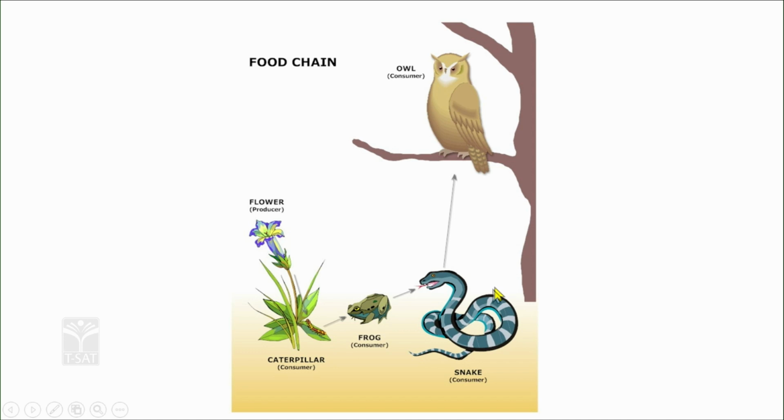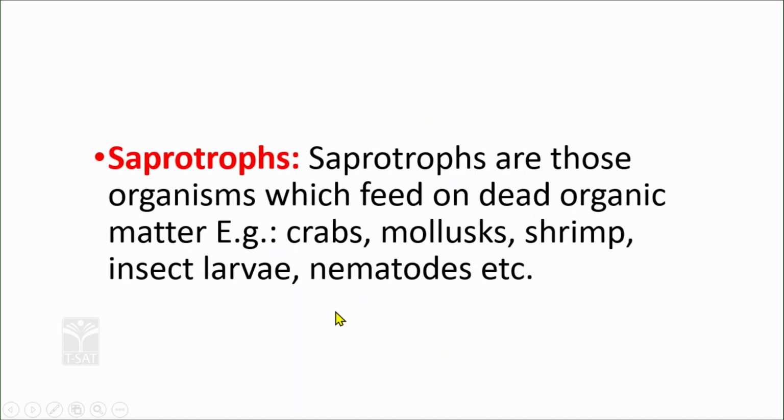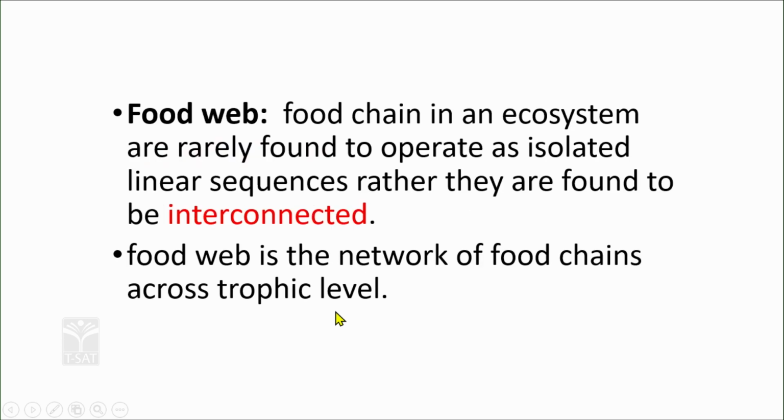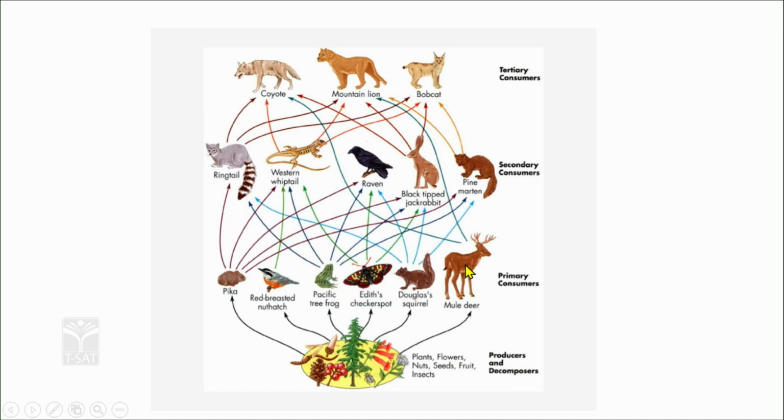This is a simple way of understanding, but actually it is very complex. A food web is made up of many interlinking food chains. A food web is a network of food chains across trophic levels. This is the real way the trophic levels exist.